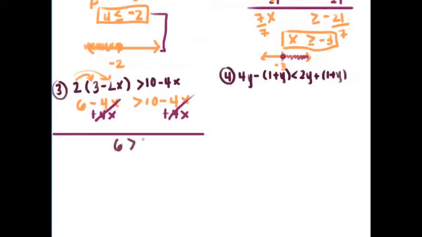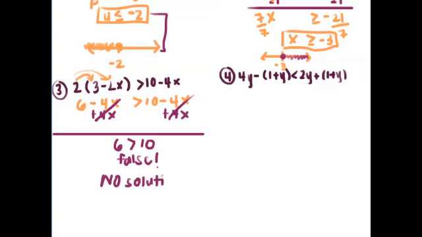Remember when we were learning how to solve, there was a special situation. If all the variables cancel out, you check at this point to see if it is a true or false statement. So, is 6 greater than 10? Is that true? It's not true, so it's a false statement. And remember what happens when it's false? We say that there's no solution.